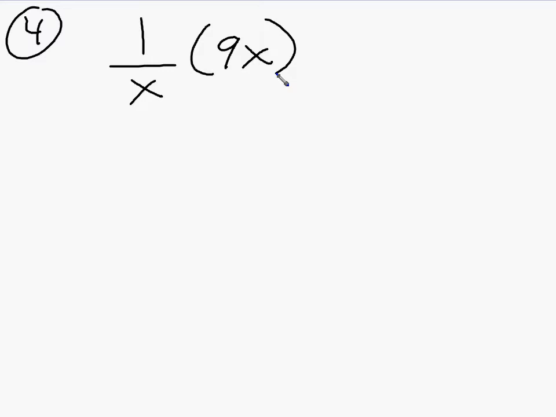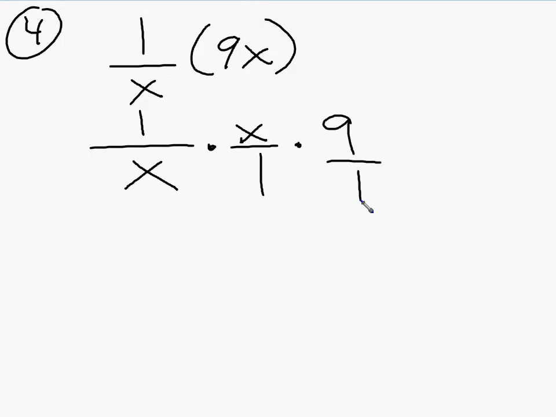What we're going to do with this one is I'm going to change my order and make it 1 over x times x over 1 times 9. All I did was change the order. I could put the 9 over 1, but I don't really need to.